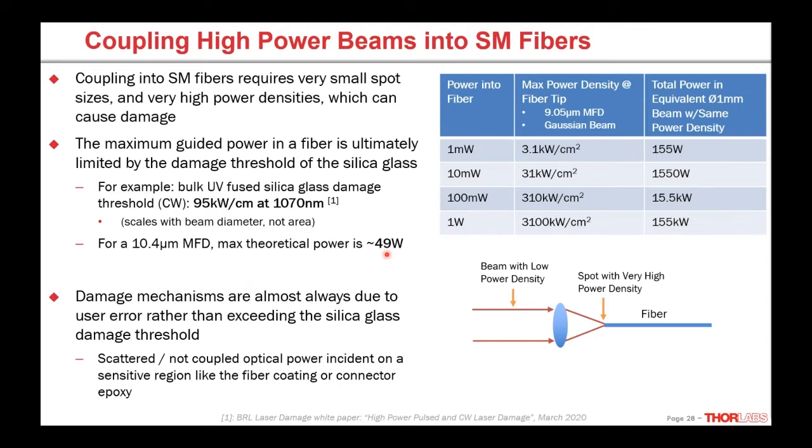In practice, though, we very rarely reach that theoretical threshold. There's always the weakest link, something that's going to limit it to a lower power before we get damage at the fiber. Basically, the big problem is any light that's not coupled into the fiber can scatter and cause trouble.